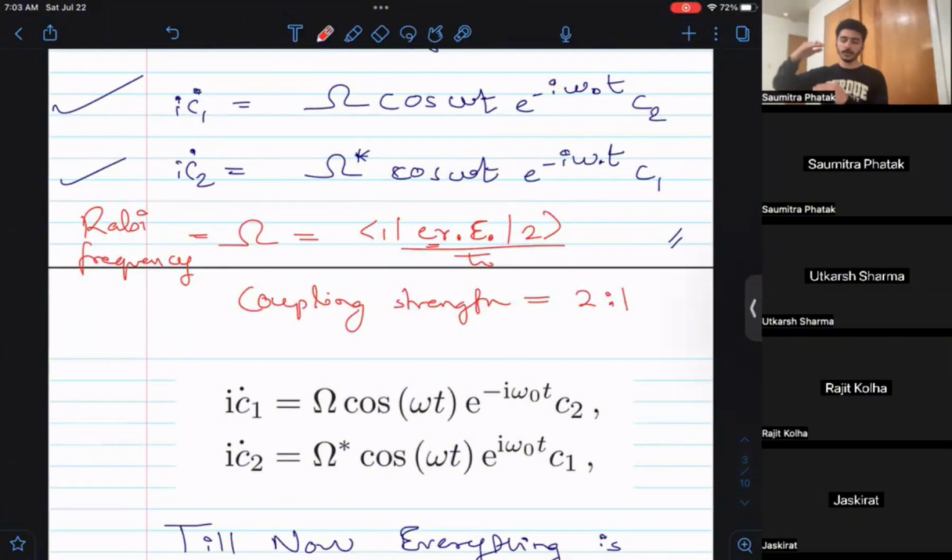Because we have just a two-level system, there is a coupling between those levels, and that coupling is given by this expression. If you have a dipole in a changing electric field, then you can take the energy of that dipole as an expectation value, but when the two energy eigenkets are not the same, we don't call it an expectation value. What we say is a transition matrix element.